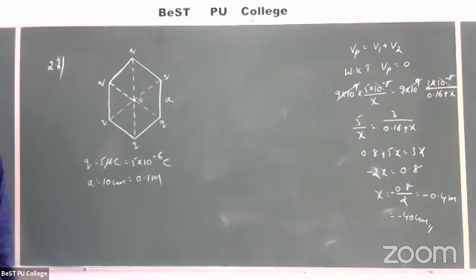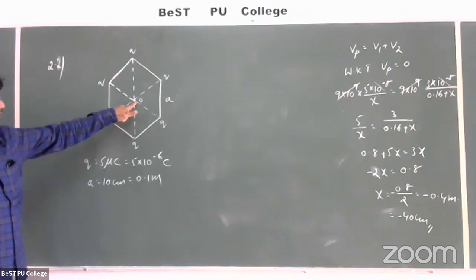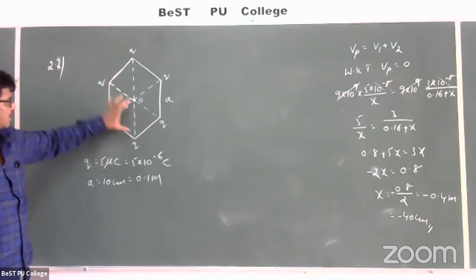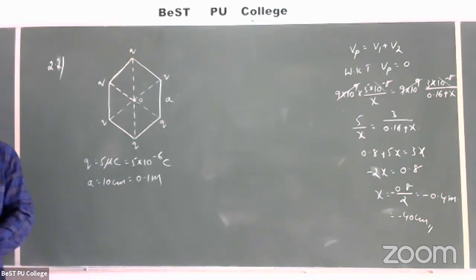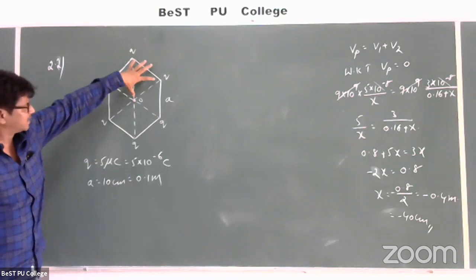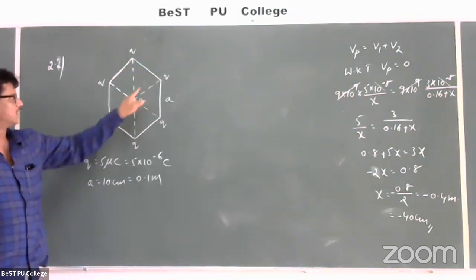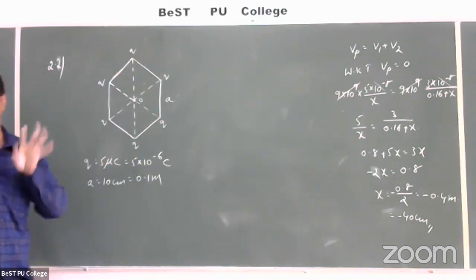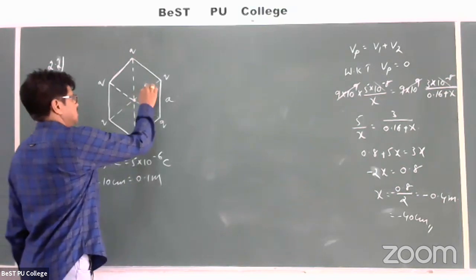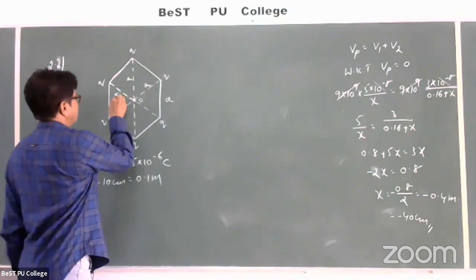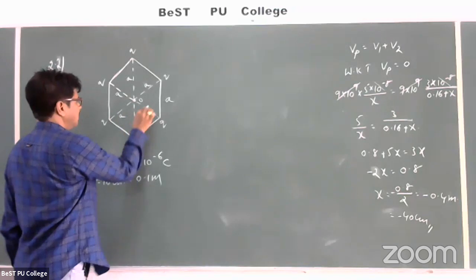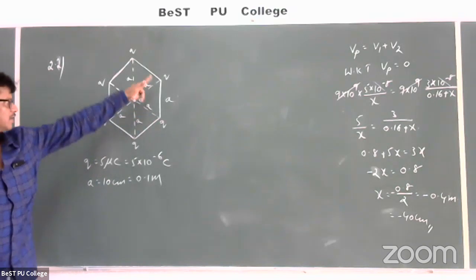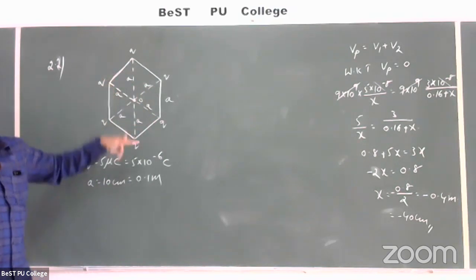Now, as we know, the center point in a hexagon is equidistant to all the corners. And the distance of the center from the corner will be always equal to the side in case of an hexagon. That is nothing but this distance is also a. So the distance of the center from each corner is the same, which is equal to a.